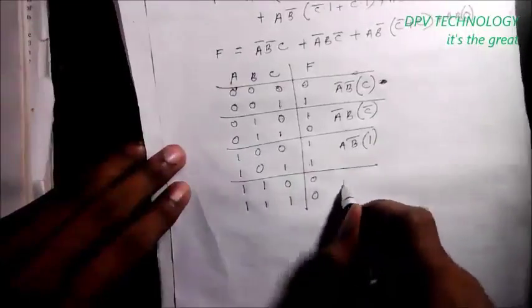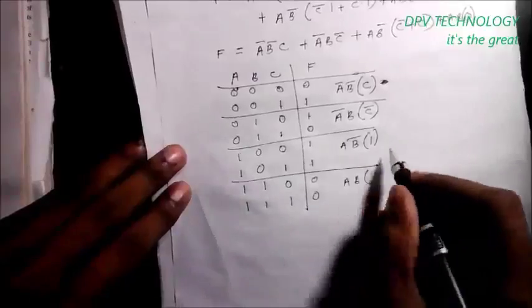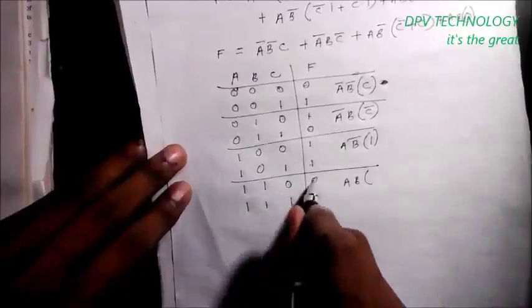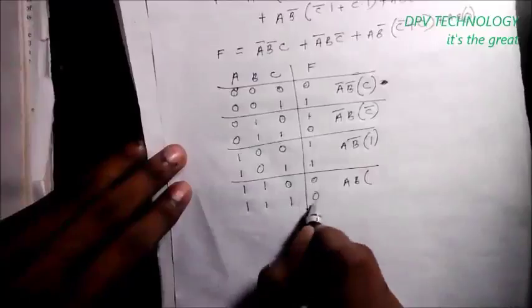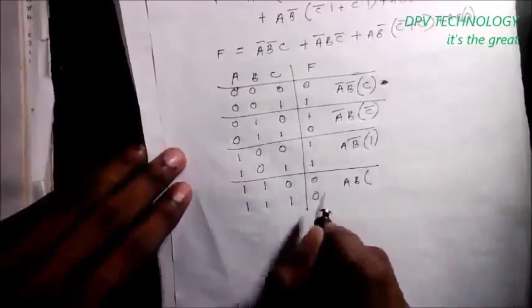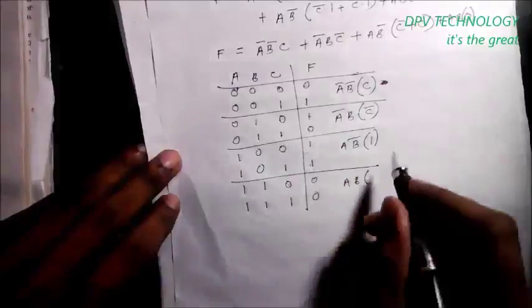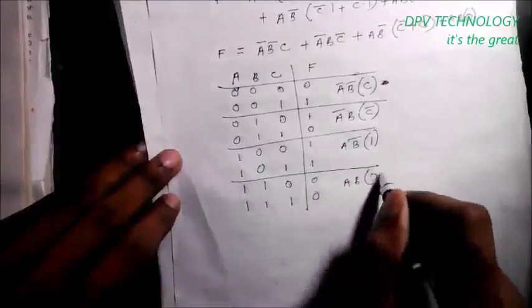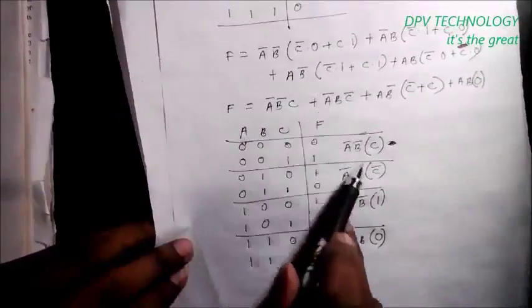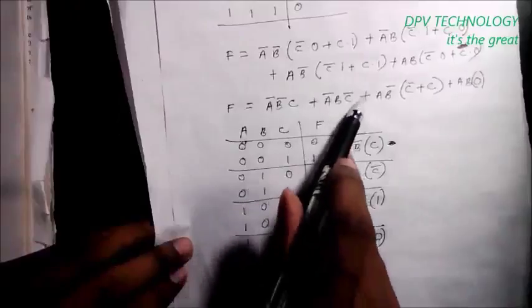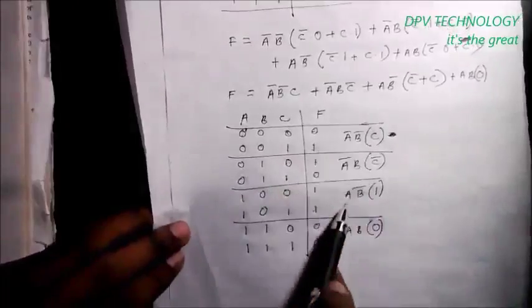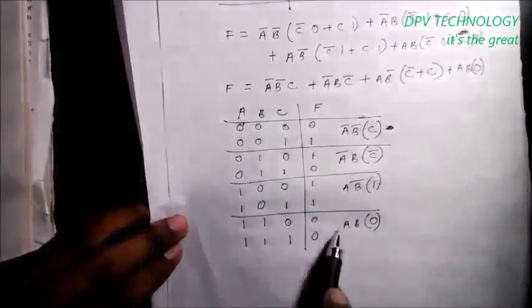Then we have A B. Here C is 0, F is 0. C is 1, F is 0. That is, F does not depend on C, so you have to put 0. Now this is similar to the earlier one, only you have to put the OR operator here.